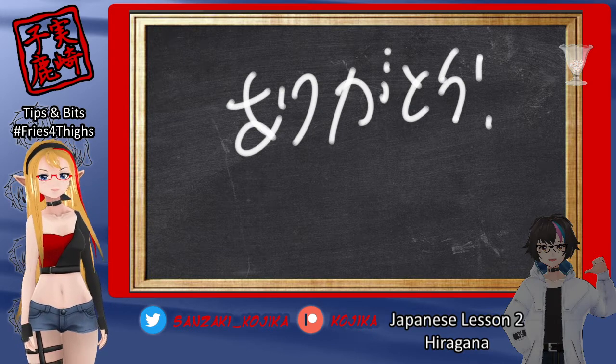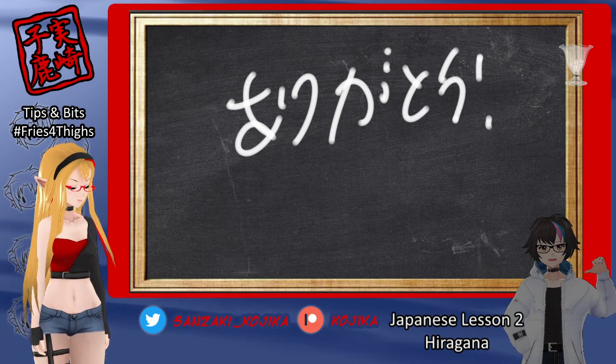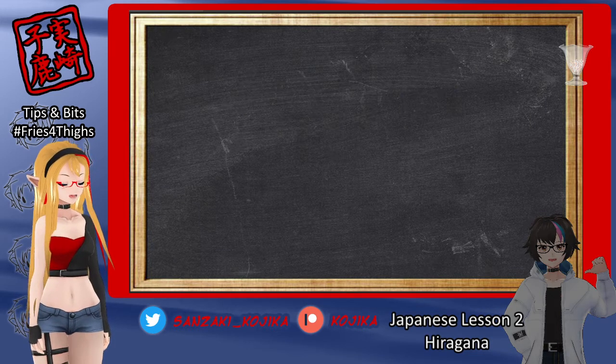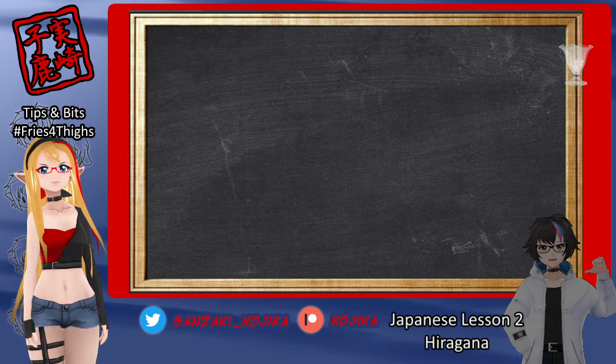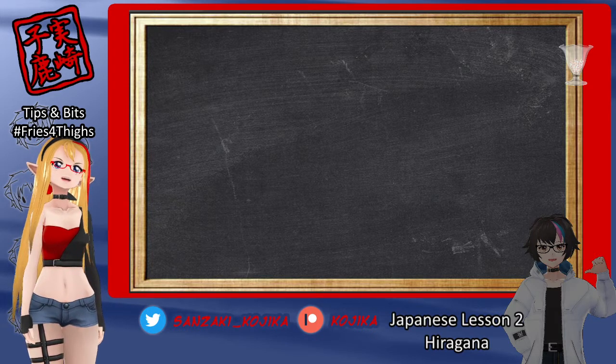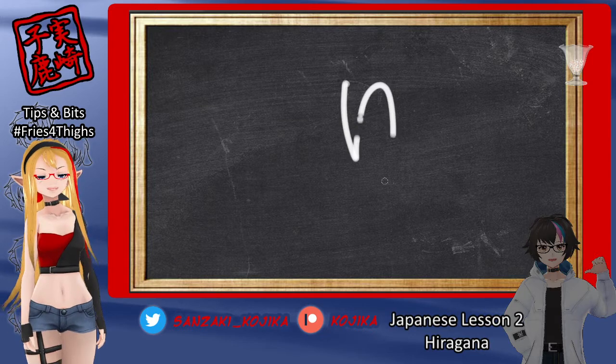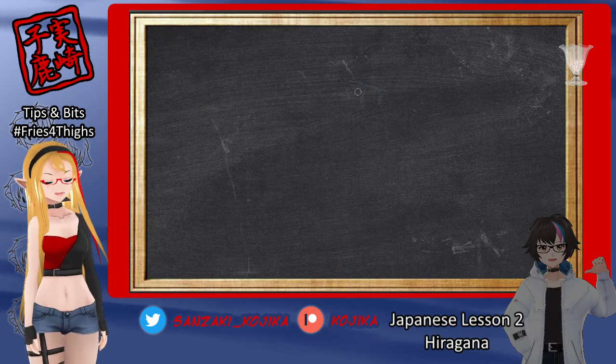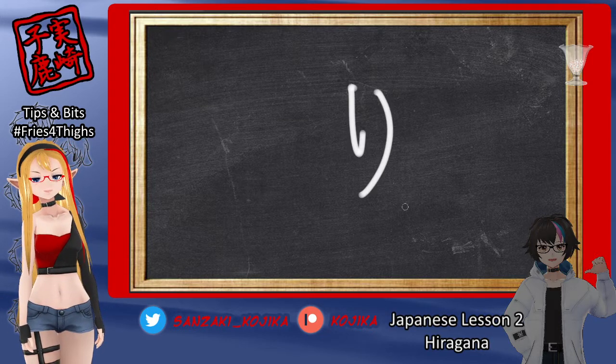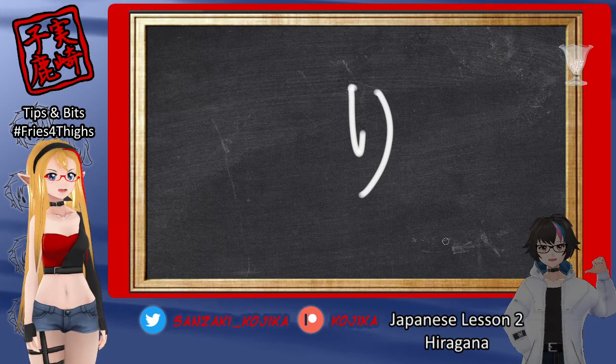Arigato! Thank you. I write arigato so many times a day on postcards for Akiba Soul. I've been told you can do ri as in a leaf. I don't know how that one works. Does that look like a leaf? I don't think so.